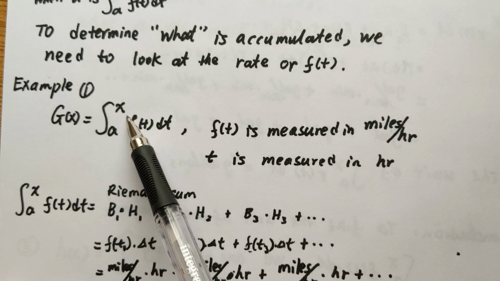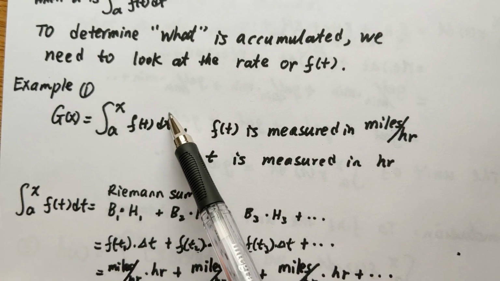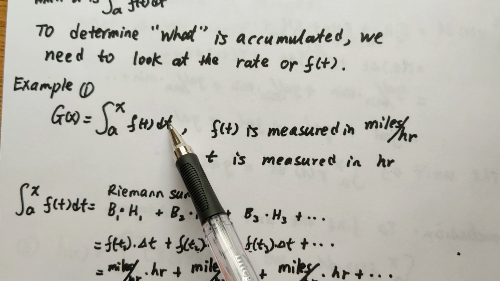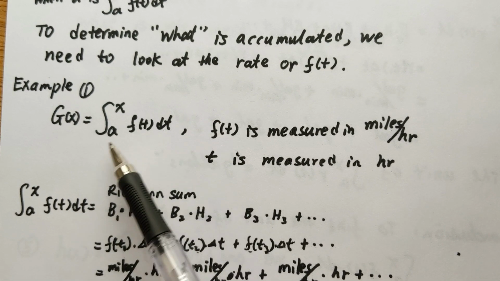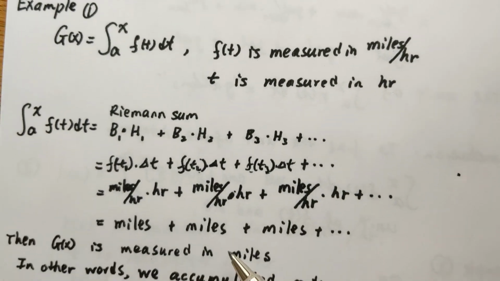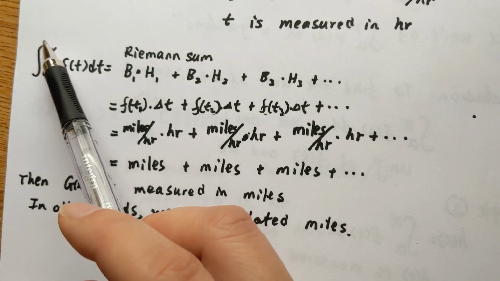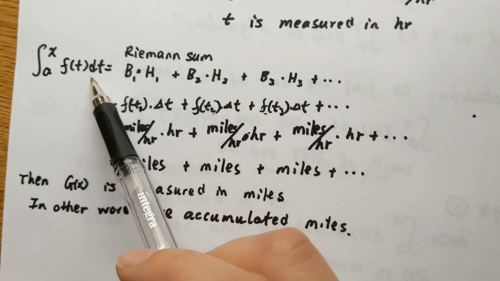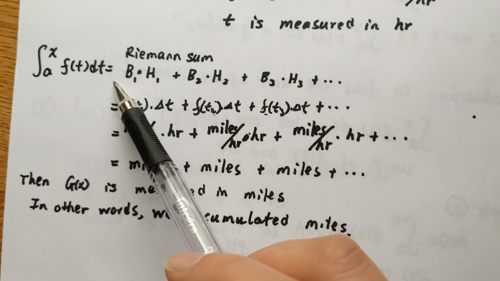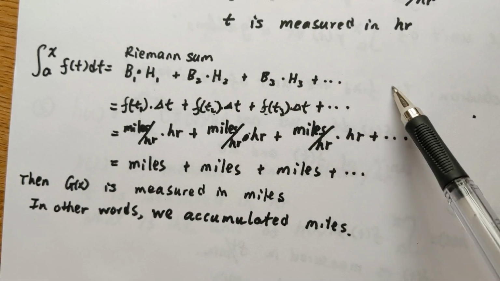So one more time, f has a unit of miles per hour and the time is in hours. We recall what we learned before, the integral equals a Riemann sum. So now let's look at this in Riemann sum form. We say that the integral from a to x of f of t dt equals base times height plus base times height plus base times height, and keep going.